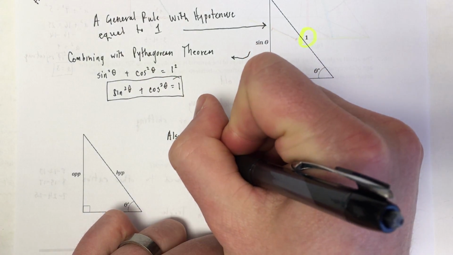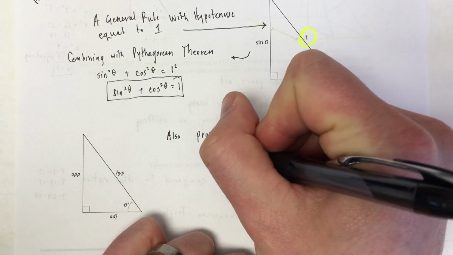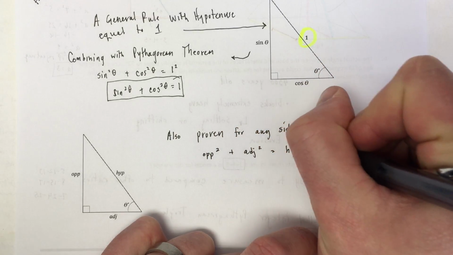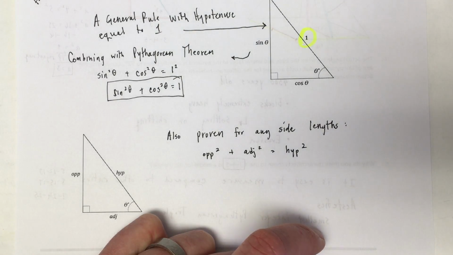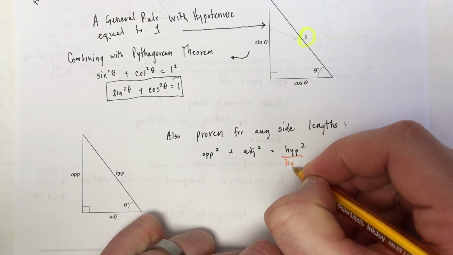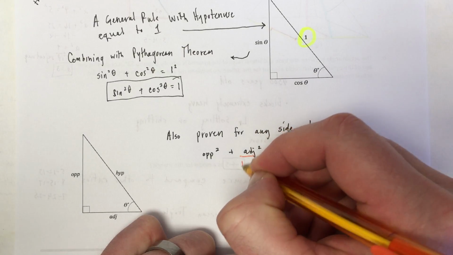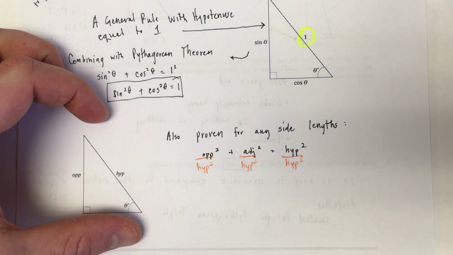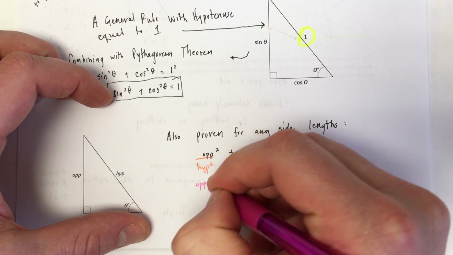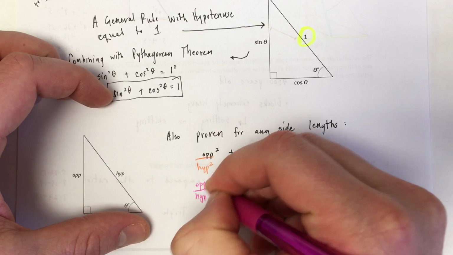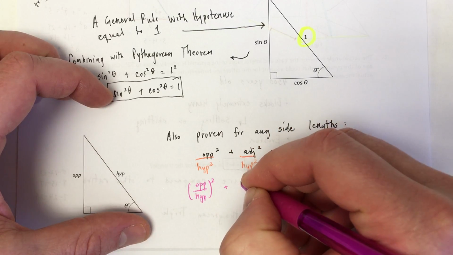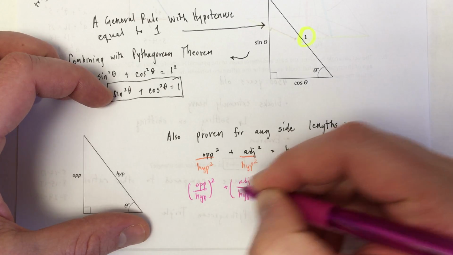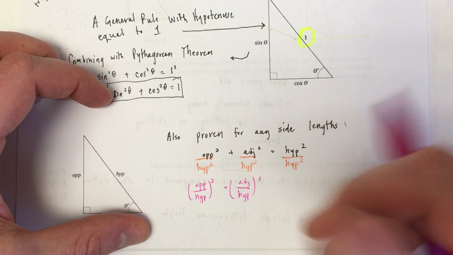I start out with opposite squared plus adjacent squared equaling hypotenuse squared. If I wanted to create the 1, I could divide each term by the hypotenuse squared. Which leaves me with opposite over hypotenuse, quantity squared, plus the adjacent. So you do have to understand your rules for exponents, but I'm allowed to pull that out.